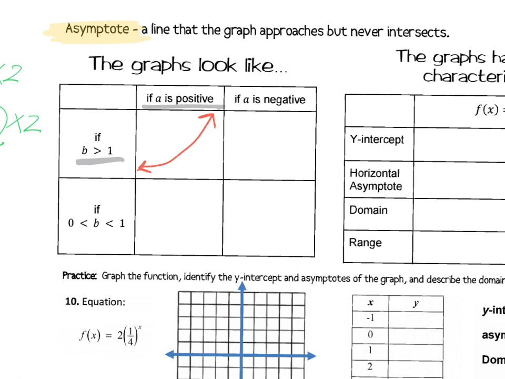If a is positive, and if b is greater than 0 but less than 1, so it's some sort of fraction or decimal, half, 0.25, something like that, it's stretching out this way. A little bit better. It's stretching out this way, and again, it's approaching your x and y axis.